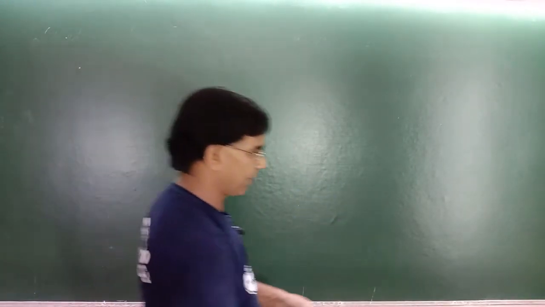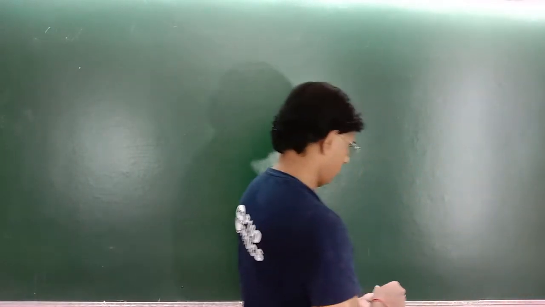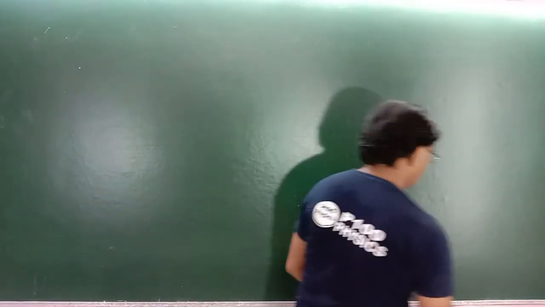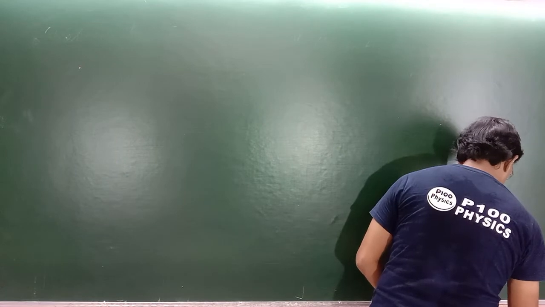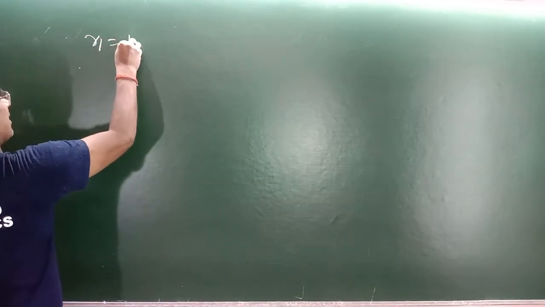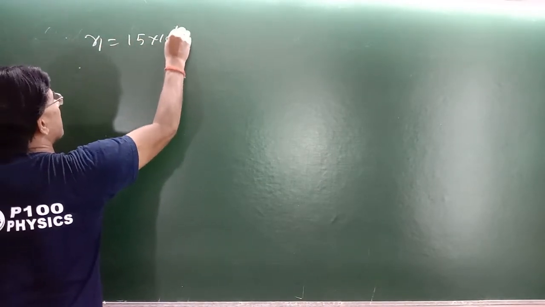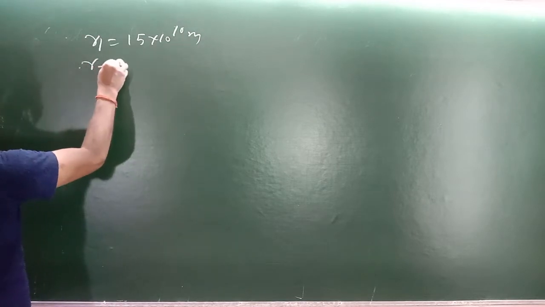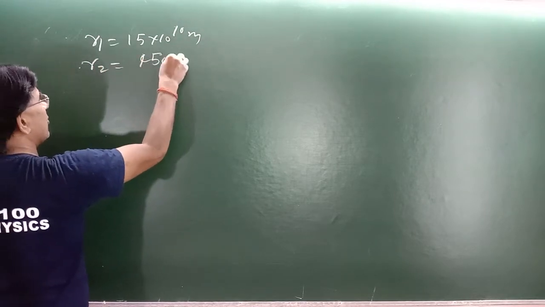Since R1 and R2 are given, R1 is 15 into 10 to power 10 meter and R2 is 450 into 10 power 10 meter.